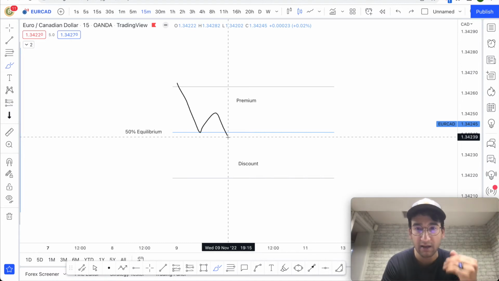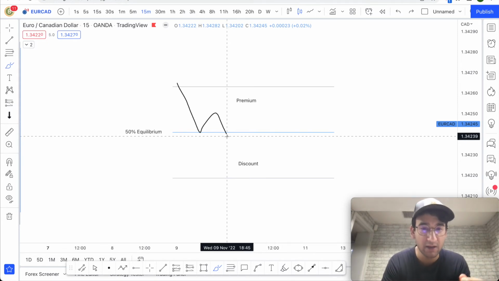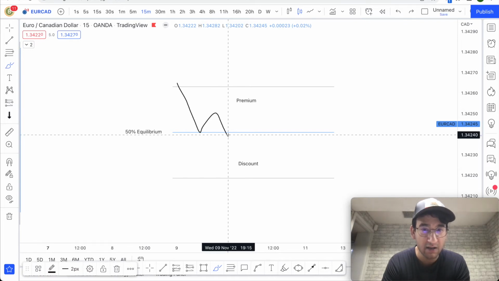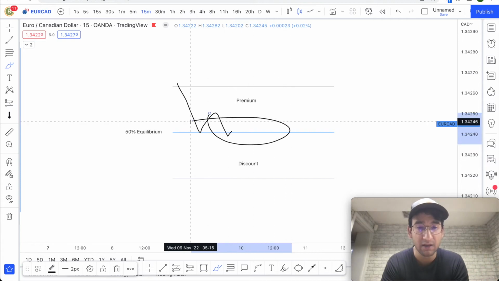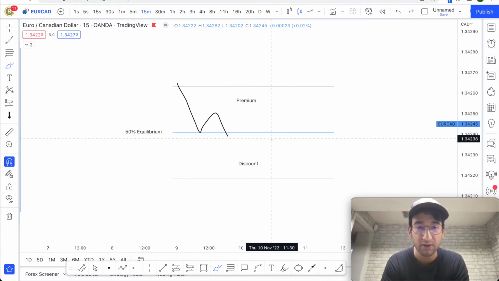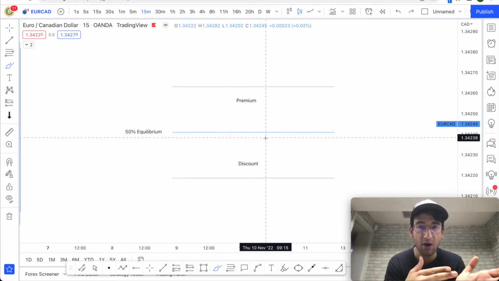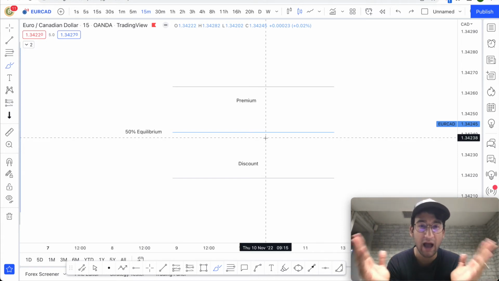And often have their stop losses taken out, right? And anyone that's in on the first trade is probably either selling or buying at the premium, at the 50% equilibrium. So now what I want to do is go ahead on a live chart and show you how to buy and how to sell correctly on a live chart.